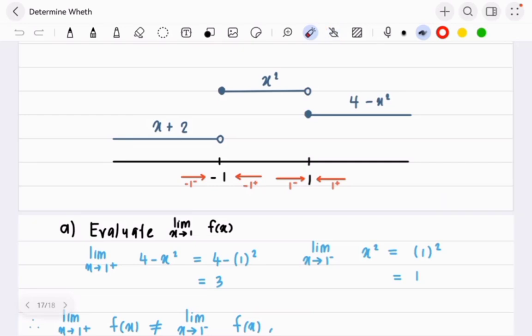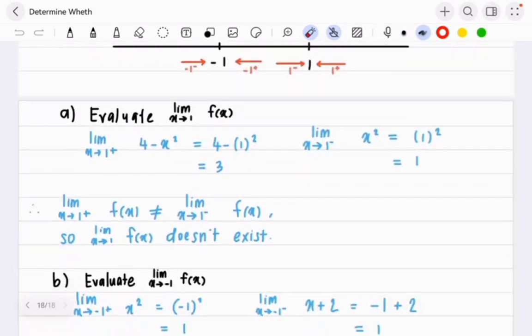When x equals 1, you have to see it from x approaching 1 from the right and x approaching 1 from the left. So x approaching 1 from the right is 4 minus x squared, and x approaching 1 from the left is x squared.